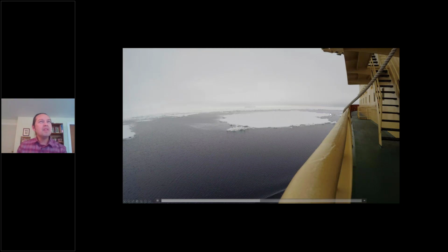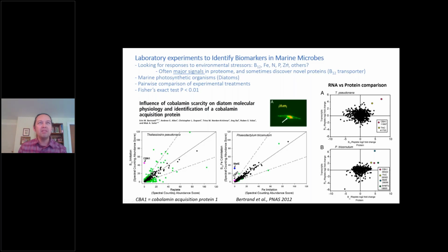Okay, so I'll talk a little bit about our laboratory experiments just to set the context for our field work as well. We often do lab experiments on microbes to try and find new biomarkers for environmental stressors. And this is an example of a study we did a while ago where we took some marine algae, diatoms, shown here, and we starved them for vitamin B12.